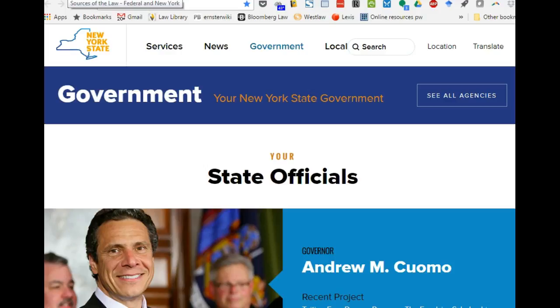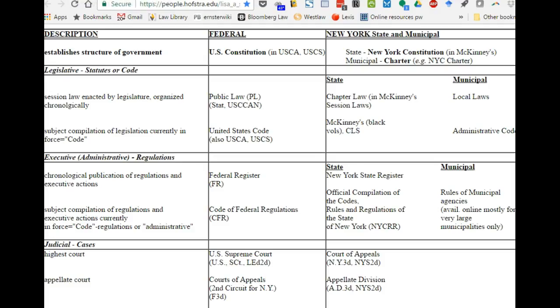Oh, let's go back before we jump into New York. Let's put our state administrative materials in context, and context, of course, is our favorite handout, our sources handout.